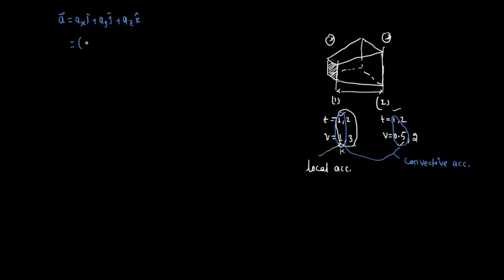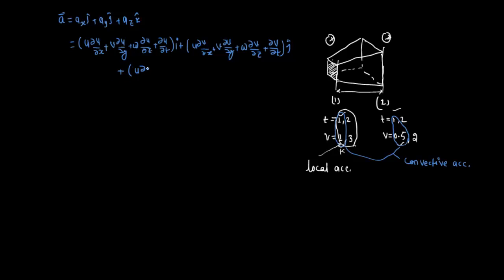So here we can write u del u by del x, v del u by del y, w del u by del z, plus del u by del t i cap, plus u del v by del x, plus v del v by del y, plus w del v by del z, plus del v by del t j cap, and plus u del w by del x, v del w by del y, w del w by del z, and plus del w by del t k cap.